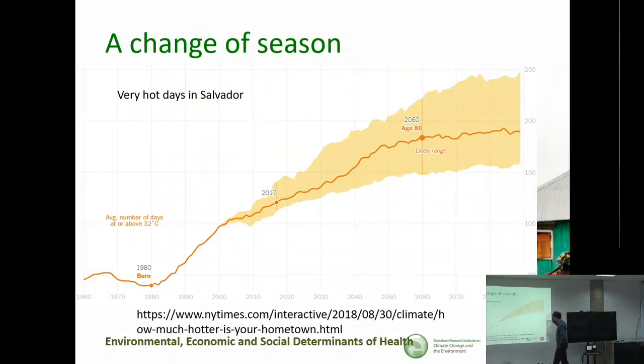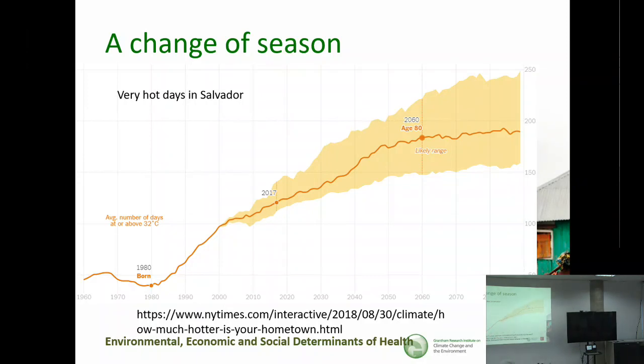We contributed some of our data to a tool that the New York Times put up, where you put in what town you're born in and what year, and it will tell you what the temperatures were up through the present, and then the projected temperatures, in particular in the form of very hot days in the future.